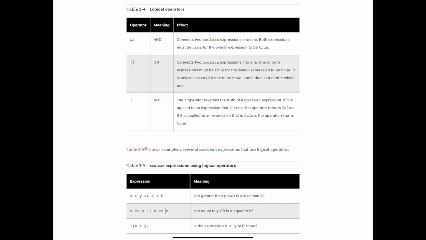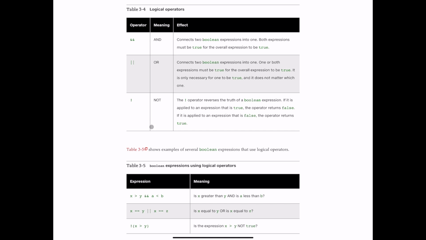So you have to be dead certain that the two pieces of the condition that you're checking are going to evaluate in a way that you expect them to, because a lot can go wrong if you say a whole statement is true, even if only half of the statement is true. So we're going to see examples, rather, of that, but they work the exact same way that English does.